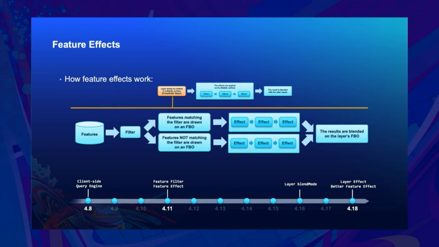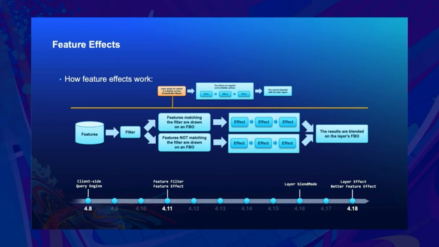It wasn't possible at that time to show and hide specific features on the screen. Because we had this query engine that was able to do where clause and object ID queries, we decided to create this sort of feature filter. If a feature passes the filter, then it's displayed. If it doesn't pass the filter, it's hidden. So it's binary, it's visible or not visible.